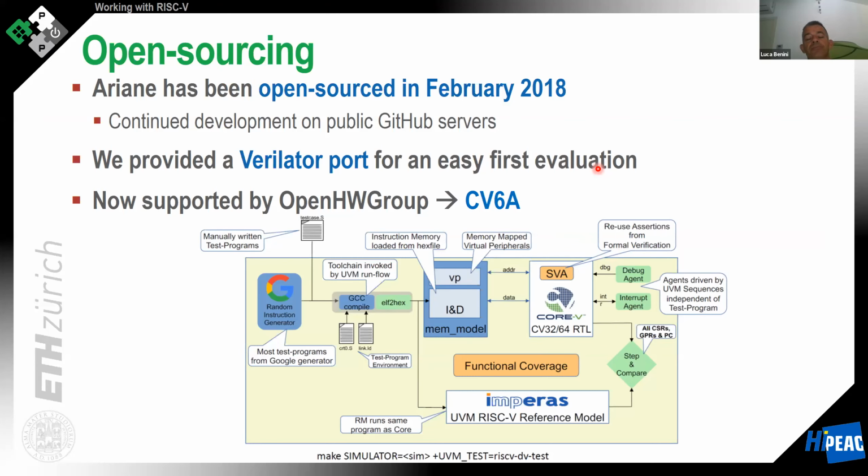And also we are looking into integration and support for standard open source tools, not only commercial tools. For example, Ariane is supporting Verilator simulation. So you don't even need a proprietary and commercial simulator to run the RTL of Ariane.